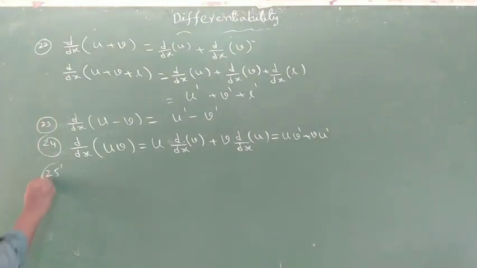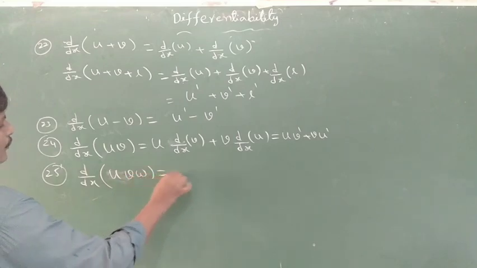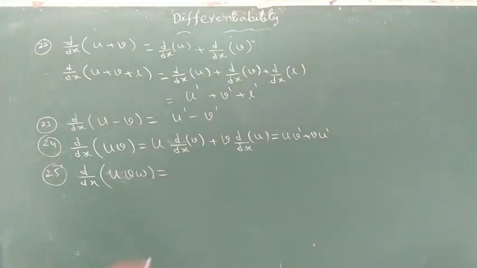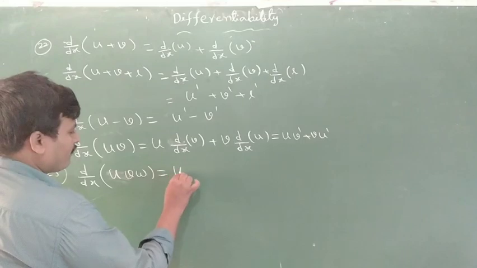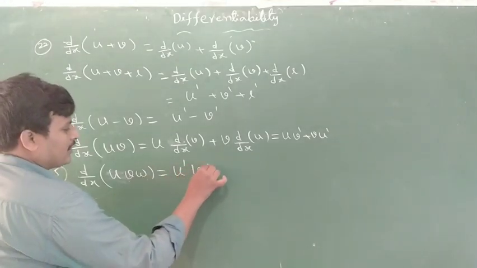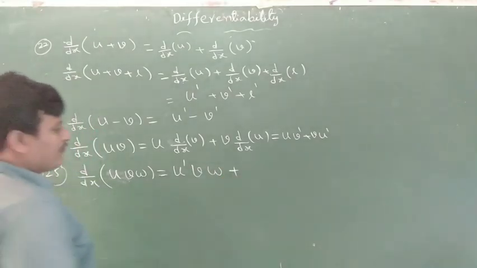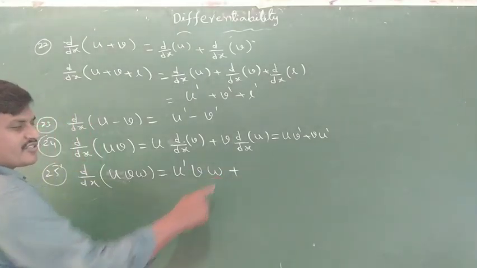Next, not only two, the derivative of the product of functions u, v, w. First take the derivative of u and keep the remaining the same.